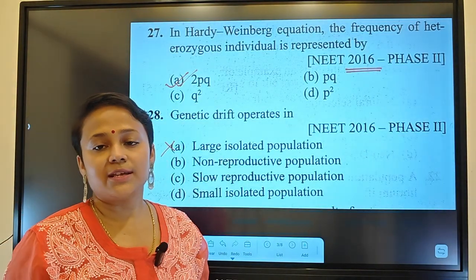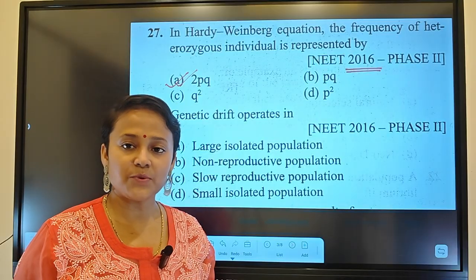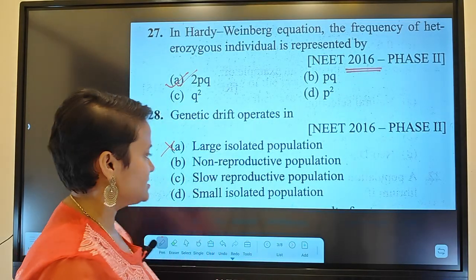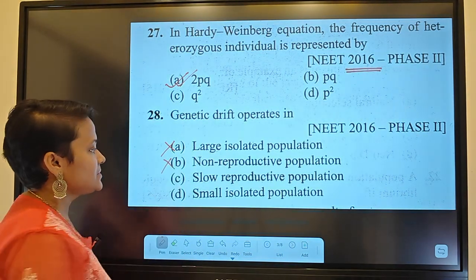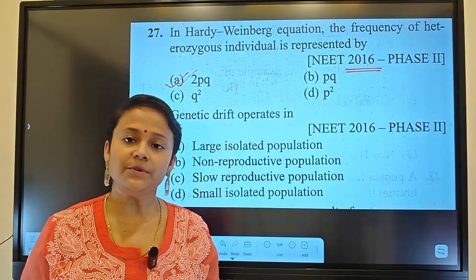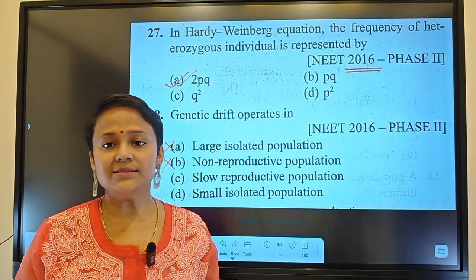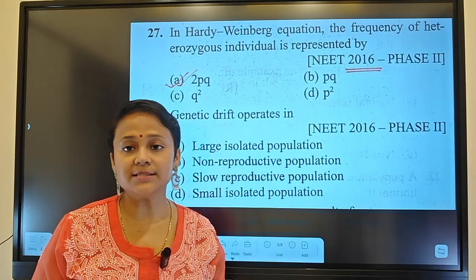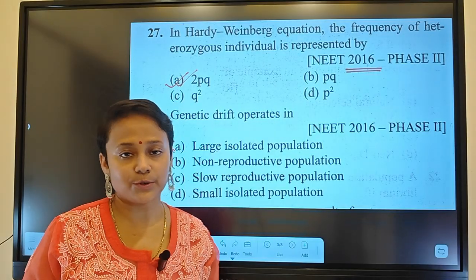Non-reproductive population. If the gene will not transfer from one generation to another generation, then there will be no change of genetic equilibrium. Slow reproductive population. If the reproduction becomes so slow, then the gene transfer will be slow from generation to generation. There will be very little chance of changes of genetic frequency.